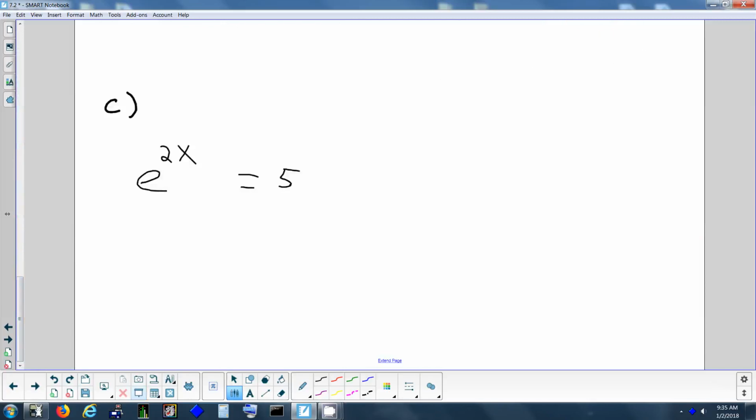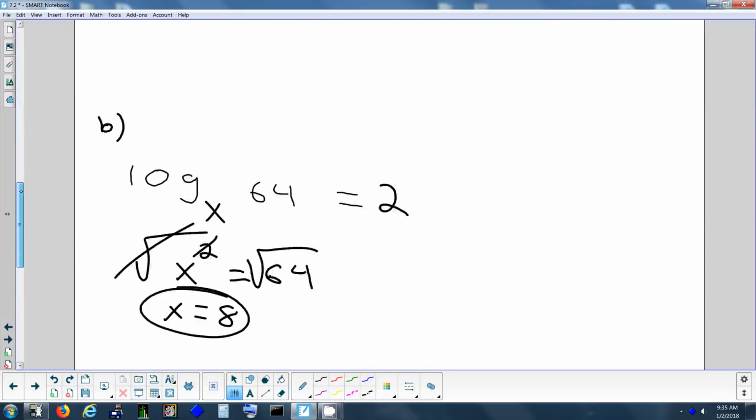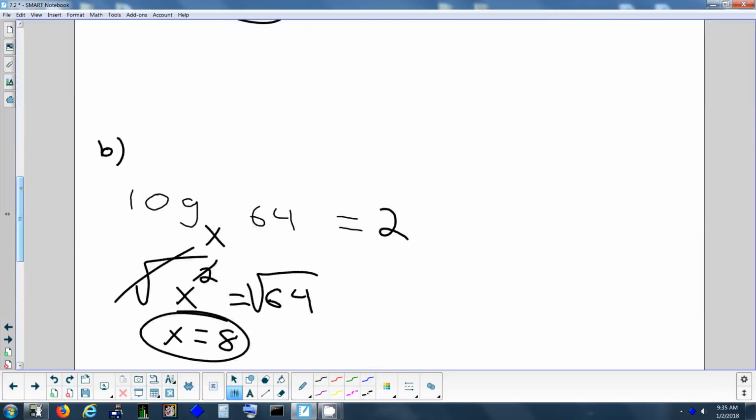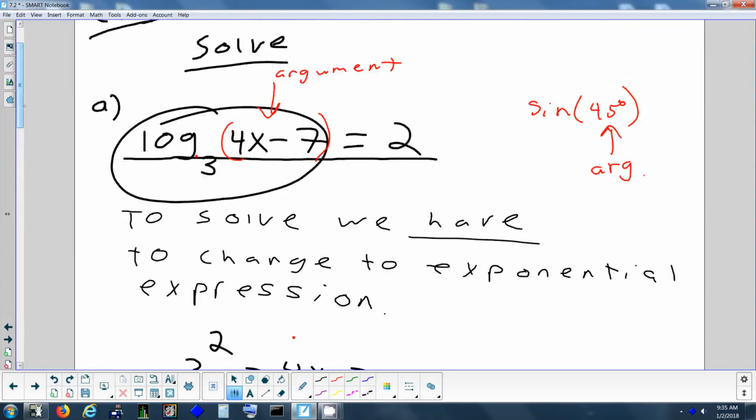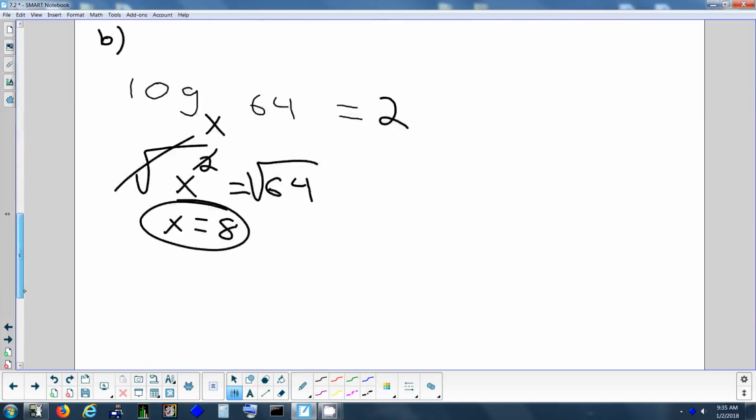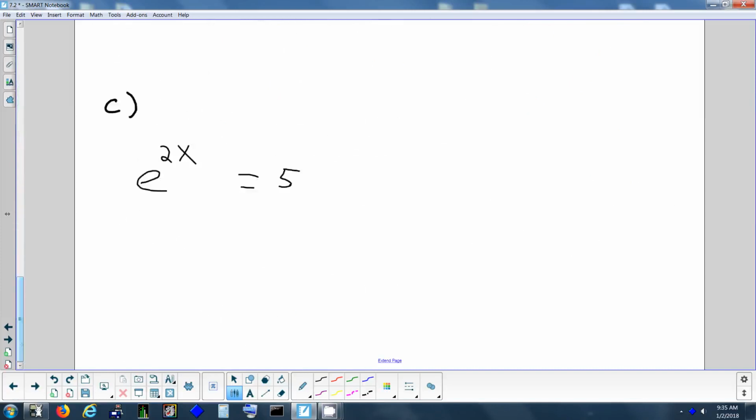What kind of equation is that? Is that a log equation or exponential equation? Anything, Ashley? That's exponential. When it was a log equation, we changed it to exponential. This is already exponential. So what do you think I'm going to do with this?